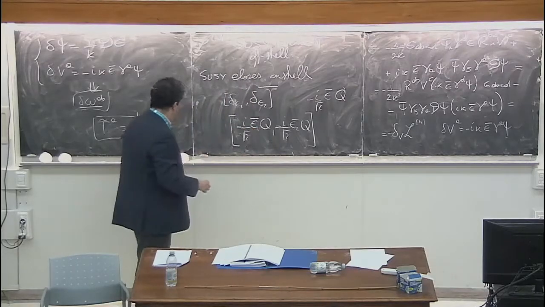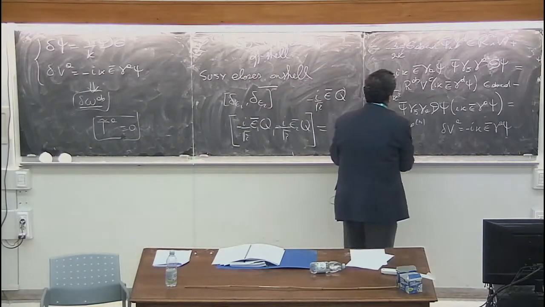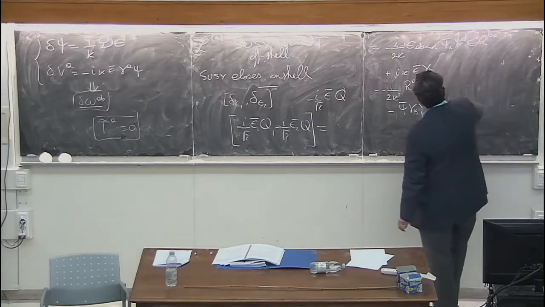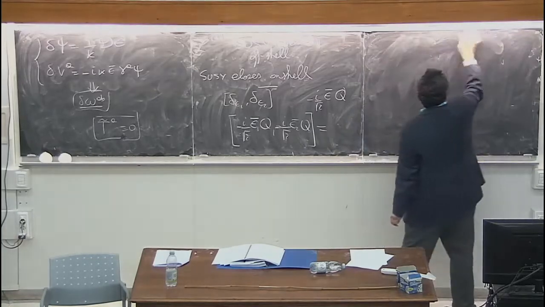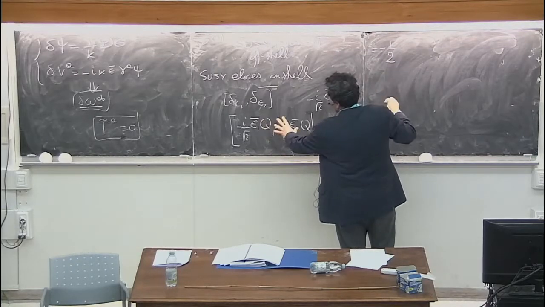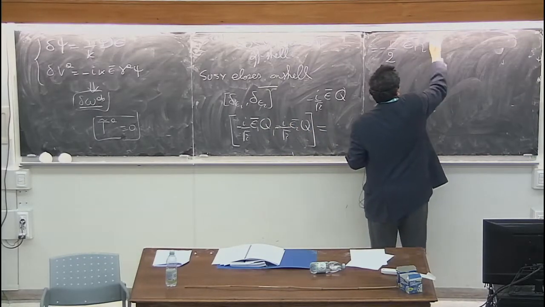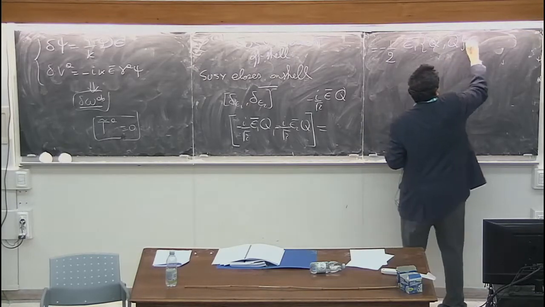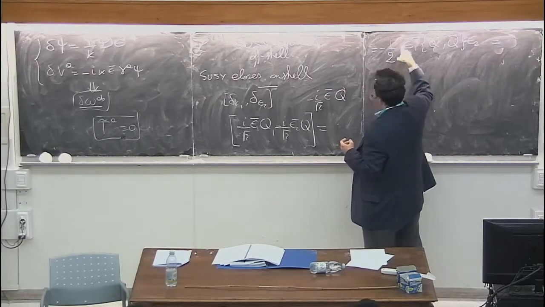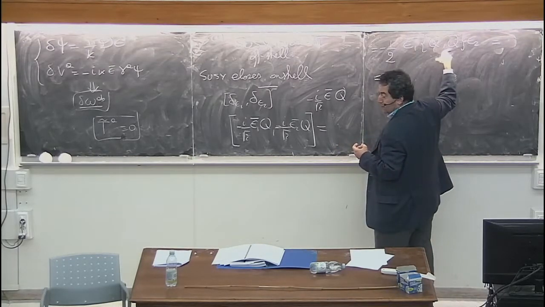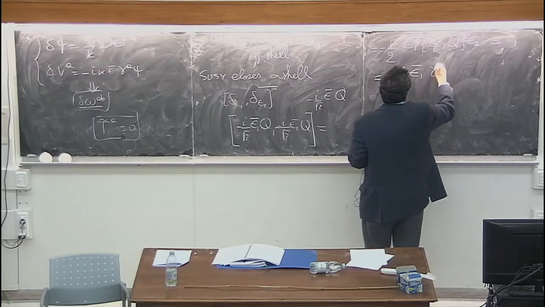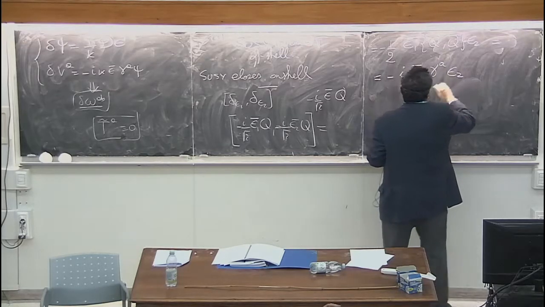What do we get? This is minus 1/2, then we have epsilon 1 bar, commutator of Q and Q bar, epsilon 2. Here we get a 2i, so we have a minus i, epsilon 1 bar, gamma A, epsilon 2.